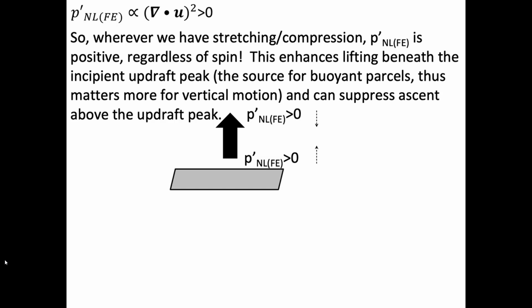So there's going to be potentially much more apparent role from the nonlinear process, from the fluid extension component that is, again, going to be related to squaring of this divergence component to determine the nonlinear fluid extension effect on enhancing updraft.